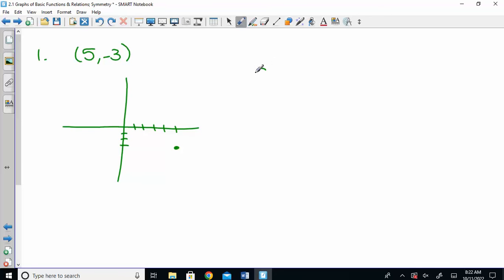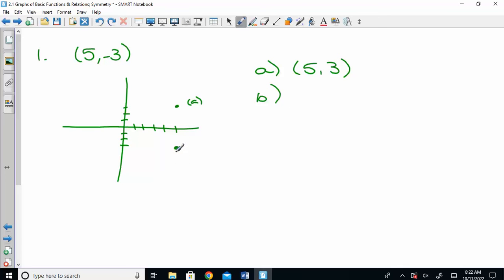So I'm giving you this point, and I want to know what point would be A, symmetric to the x-axis. So if I flip this over the x-axis, what does my point become? Negative 5, 3. If I flip it over the x, that makes the y negative, the opposite of my y, so it would be 5, 3. When you flip it over the x, it changes the sign on your y.